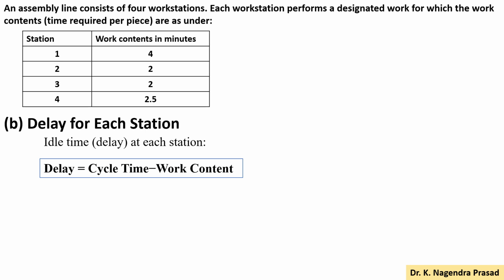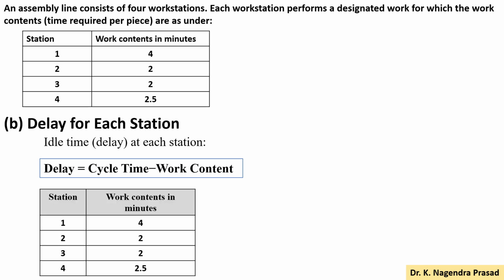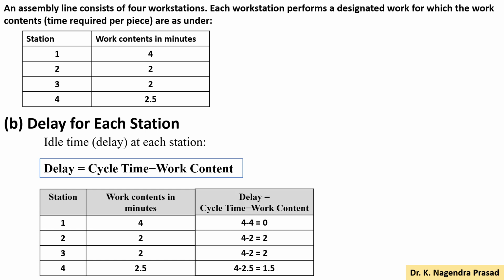Let's calculate the first station. For station 1, work content is 4 minutes and cycle time is 4. Then delay in the first workstation is 4 minus 4, which is 0.